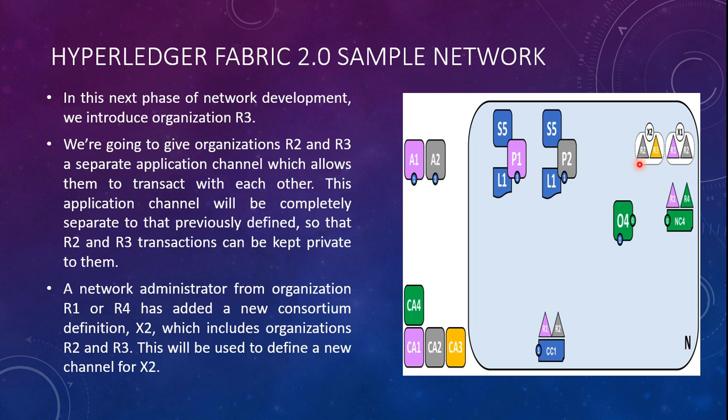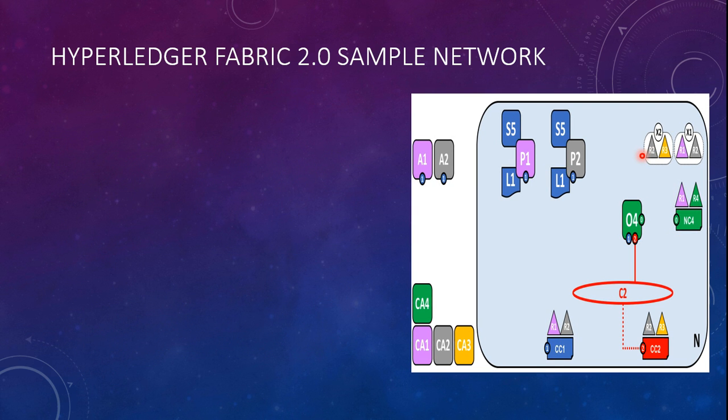So what R2 and R3 do, they form another consortium X2, and they will have another channel of their own, so that their transactions remain private and are not shared with R1. Either of the two organizations' administrators make a new consortium X2. Let's see that further.